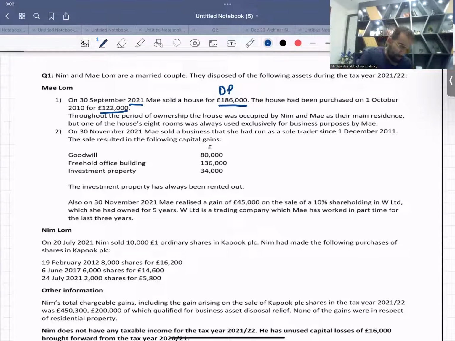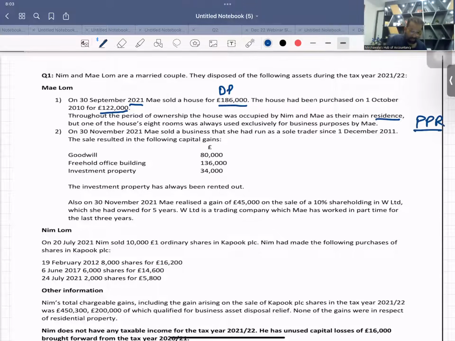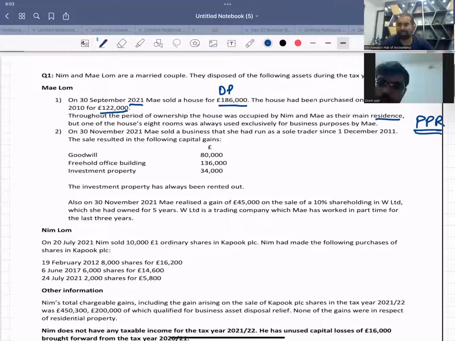Now, throughout the period of ownership, the house was occupied by Nim and May as their main residence. This topic is PPR, principal private residence relief.